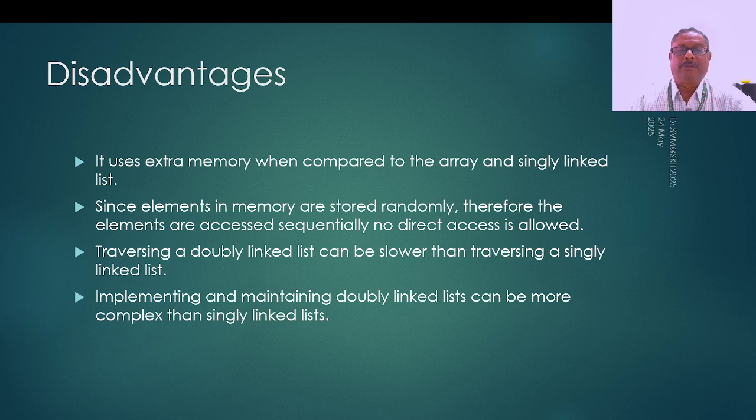One should go to the forward, one should go to the backward, and making that intelligent arrangement is essential here. So there are some disadvantages of using the doubly linked list. So that's it for now. So that's about doubly linked list.